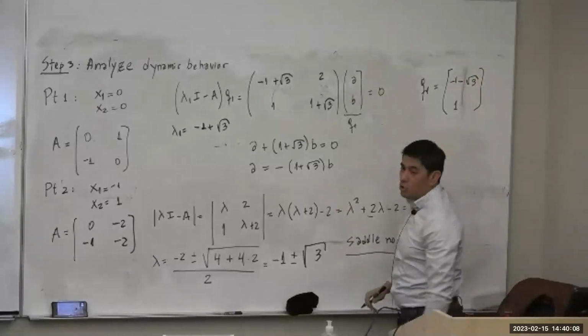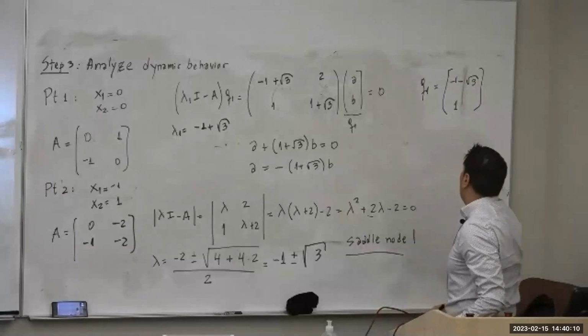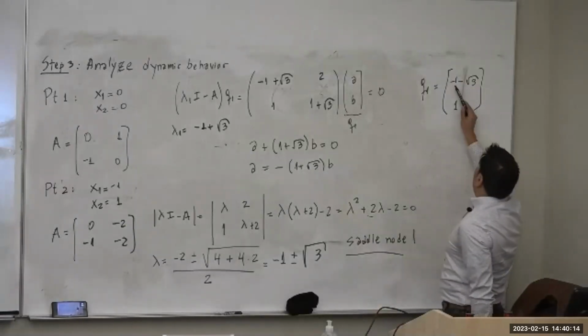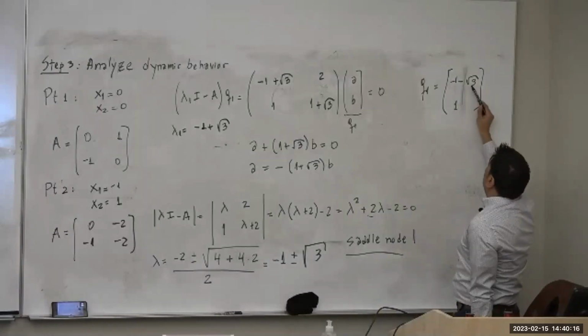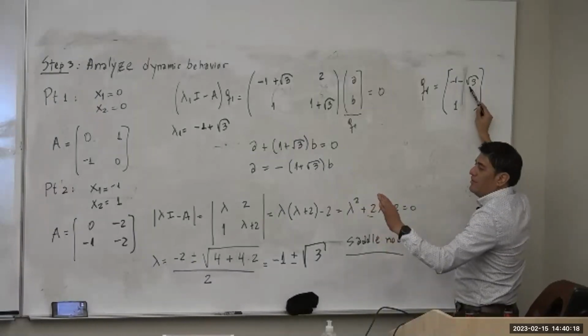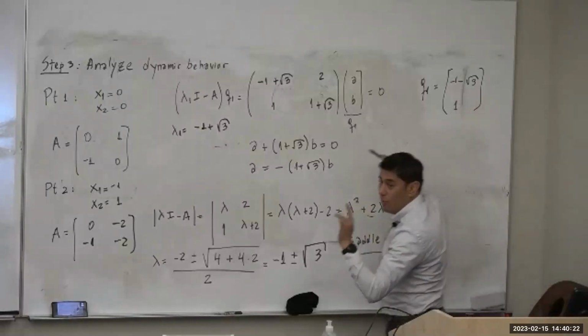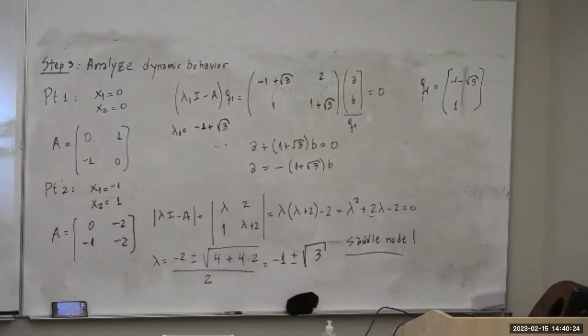So that's the direction of the eigenvector for that. So if this is 1, how much is this one going to be? This is about 1.73. So it's going to be negative 2.73. So this is the stable one.